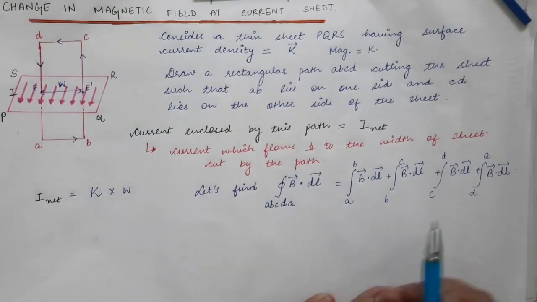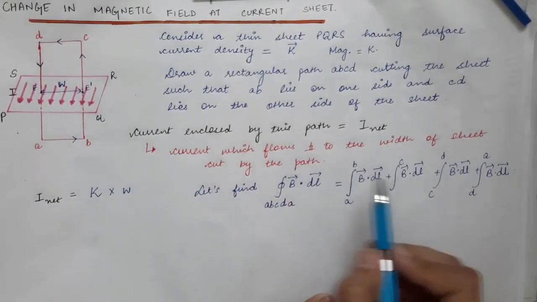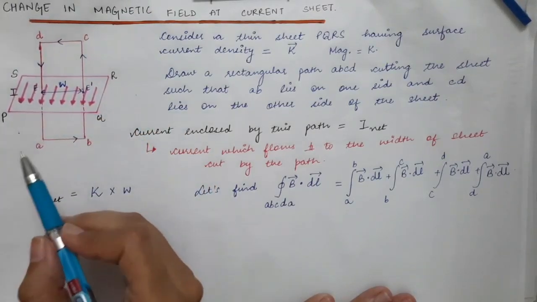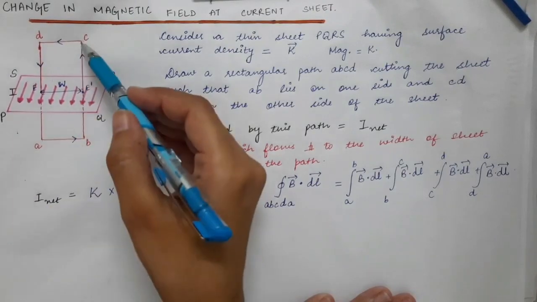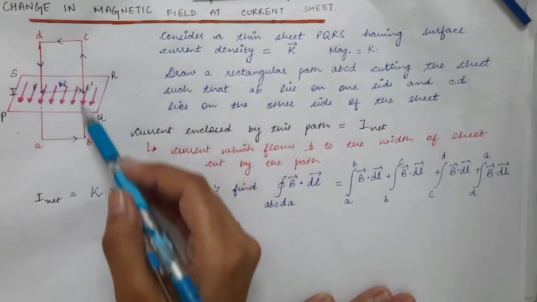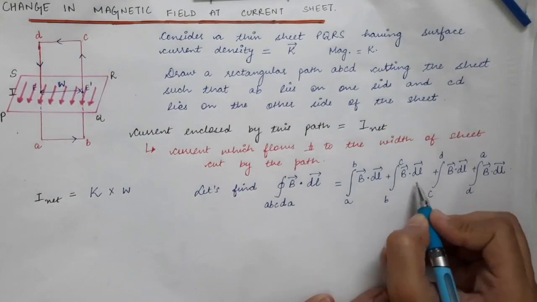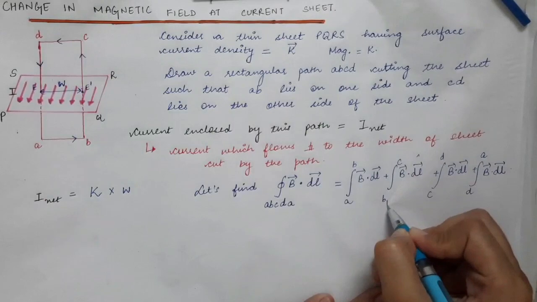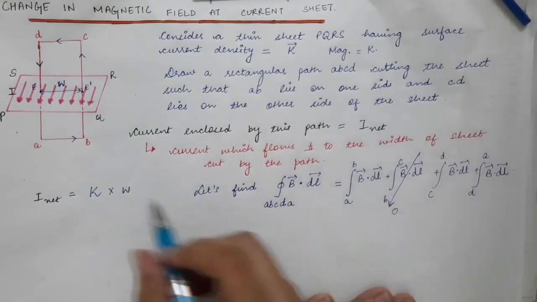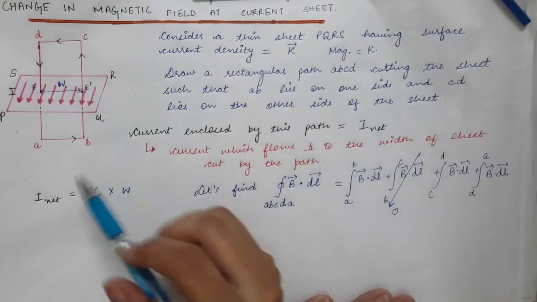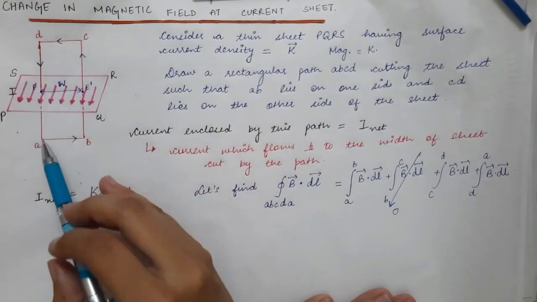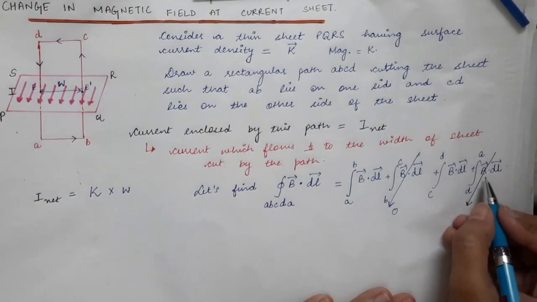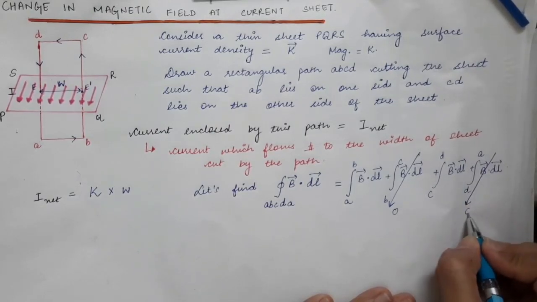In this limit, the line integral from B to C and the line integral from D to A will also go to 0. If these paths go to 0, their line integrals will also go to 0. So the line integral of the magnetic field from B to C will approach 0 when we use the limit that BC and AD lengths go to 0, and the line integral of the magnetic field from D to A will also go to 0.